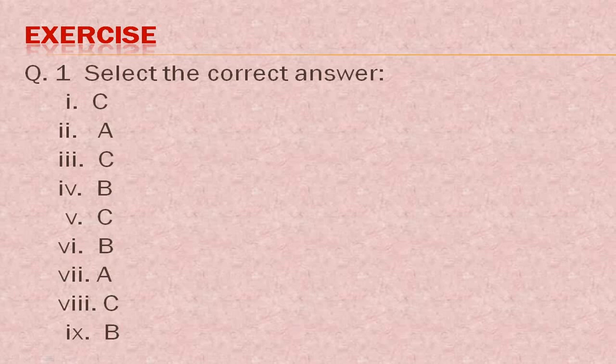Excess intake of the following causes obesity: vitamins, proteins, carbohydrates, or minerals. That is C, carbohydrates. Number 9. Enzyme trypsinogen is changed to trypsin by gastrin, enterokinase, secretin, or hydrochloric acid. It is B, enterokinase, an enzyme secreted by the wall of the intestine.